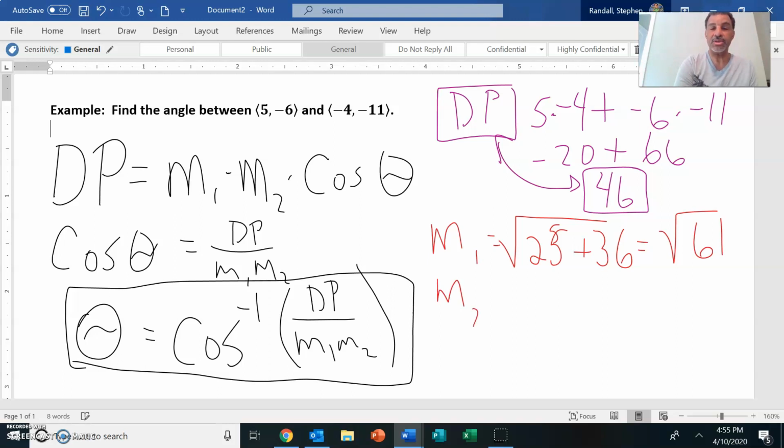Magnitude 2 is equal to the square root of 16, that's 4 squared, plus 121, that is 11 squared, so that's the square root of 137.